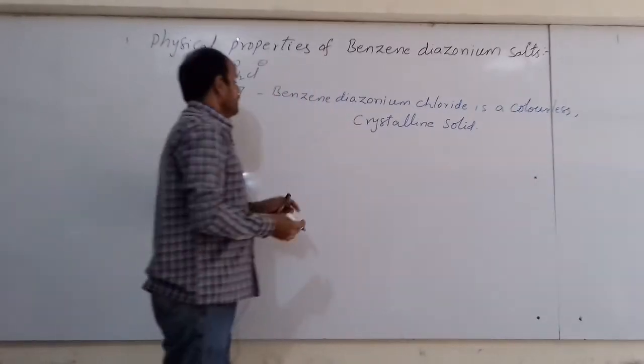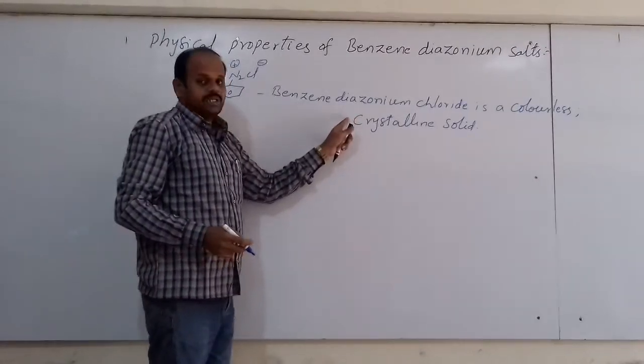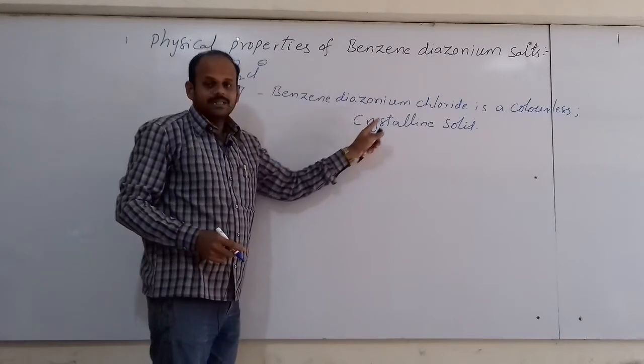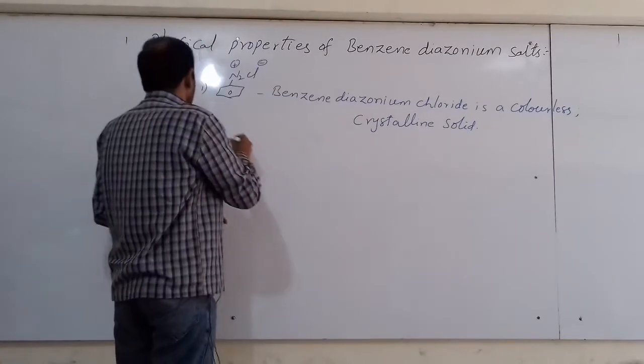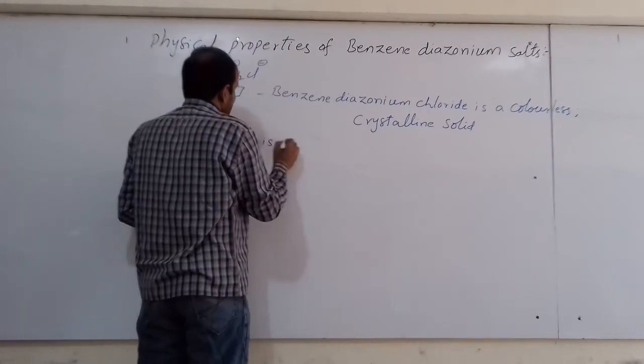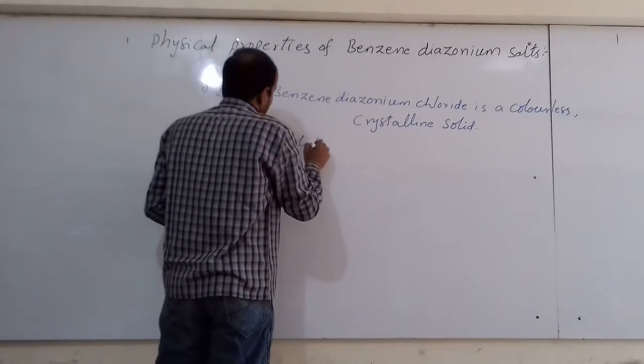Hence, benzene diazonium chloride is a colorless crystalline solid. And it is soluble in water.